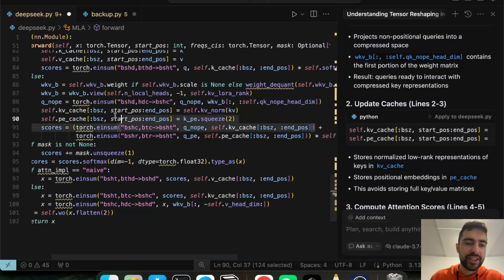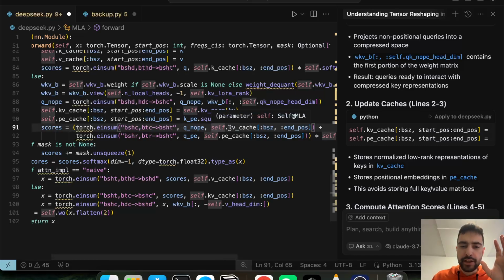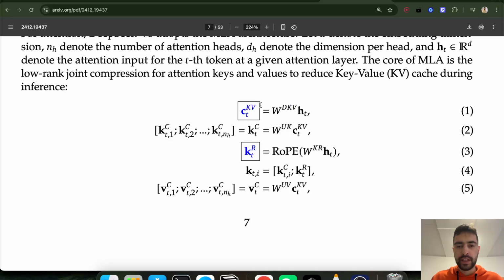And then this is just calculating the scores. So I was confused here because it says it's using this KV cache to calculate scores like this. But my understanding was that it should convert that first to keys and then calculate scores with that. But as I said before, we merged this conversion matrix into the queries.